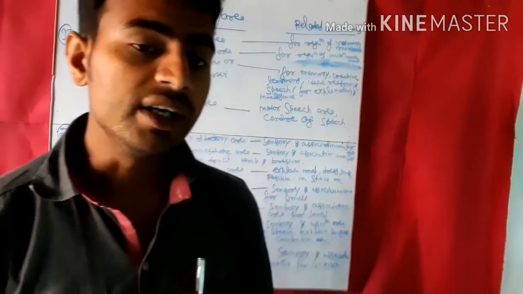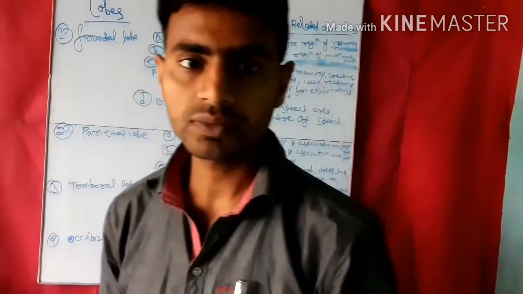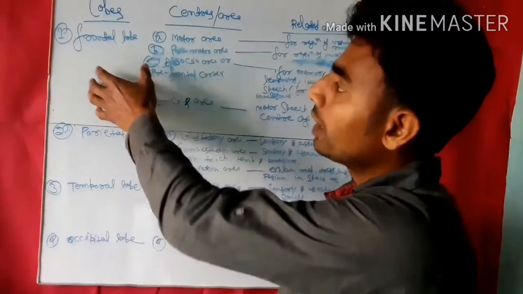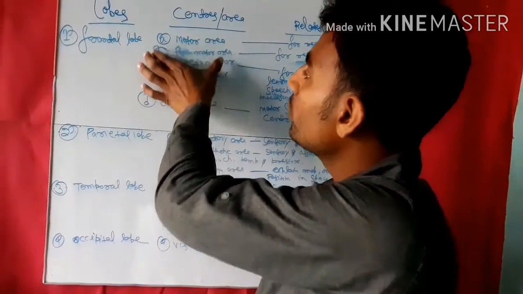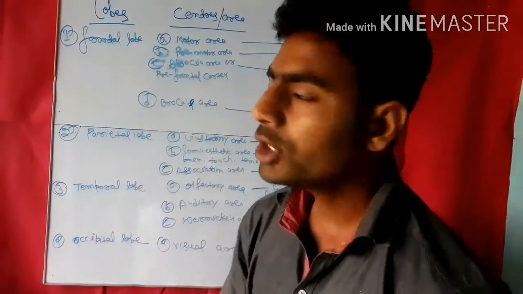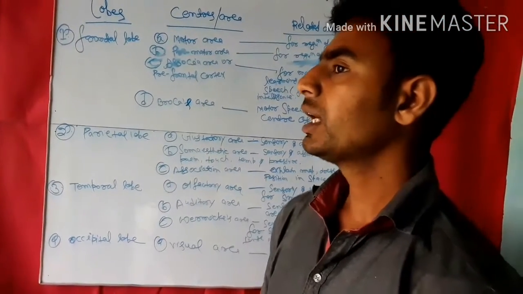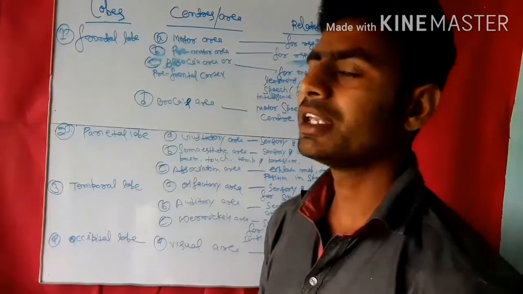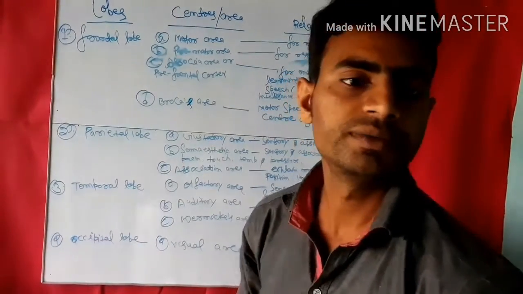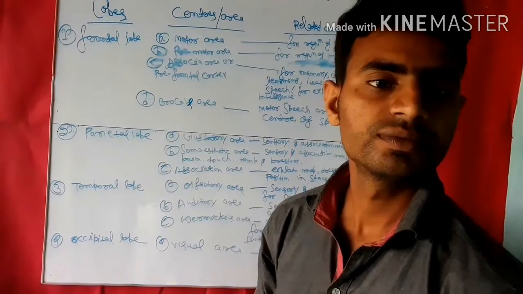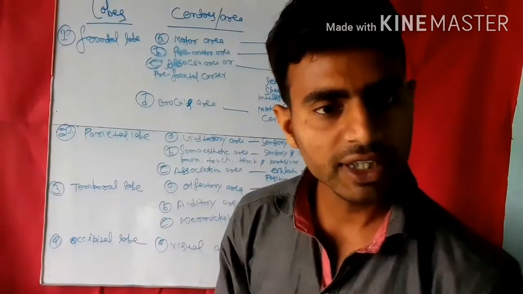So there are four areas present: the motor area, premotor area, association area, also called prefrontal cortex, and fourth, Broca's area, present in the frontal lobe. And the frontal lobe is present in the cerebrum.